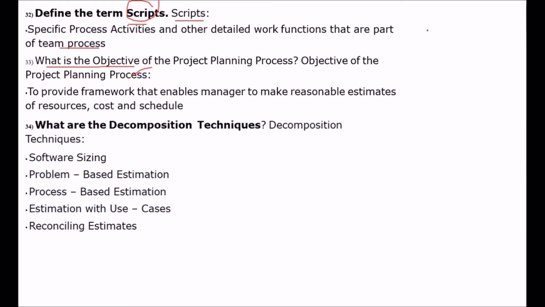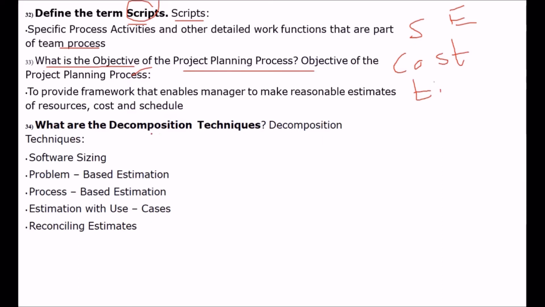In one line, if I wish to explain software engineering, you are only interested in two things: that cost overrun should not be there and time overrun should not be there. That is why we require proper project planning.